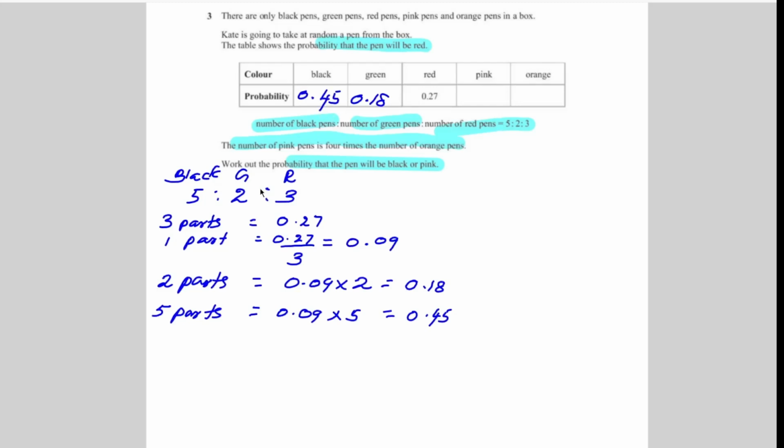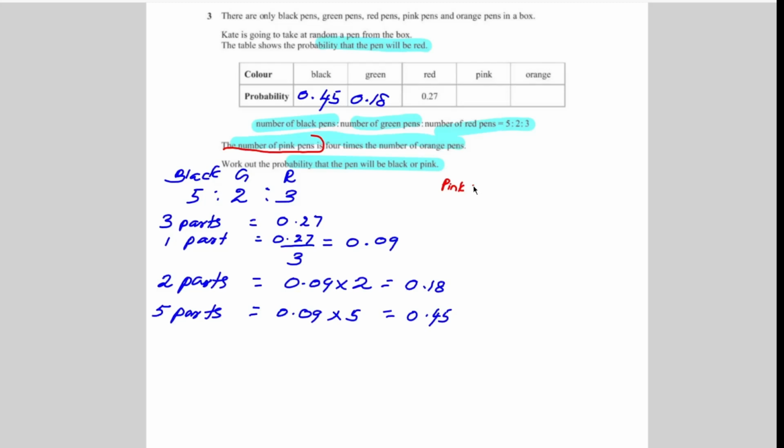Right, now let's move on to this statement here. The number of pink pens is 4 times the number of orange pens. So we can convert this into mathematical terms. In mathematics, is, am, are, all the be verbs, are converted to an equal sign. So the number of pink pens is pink.